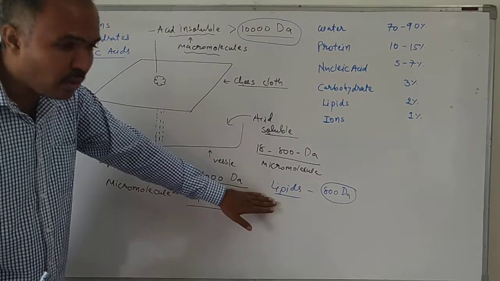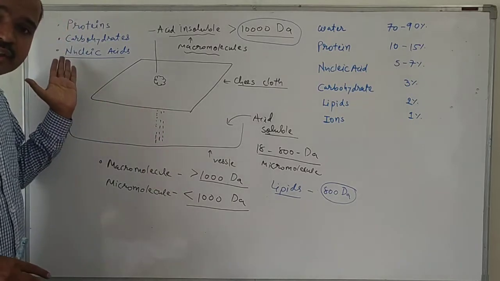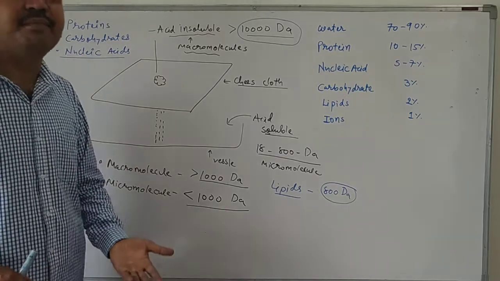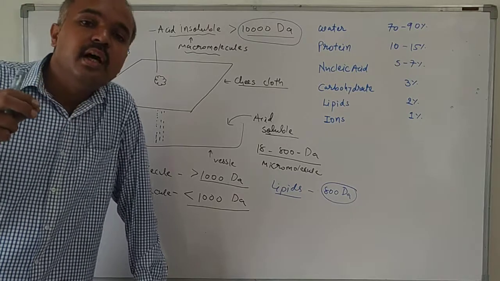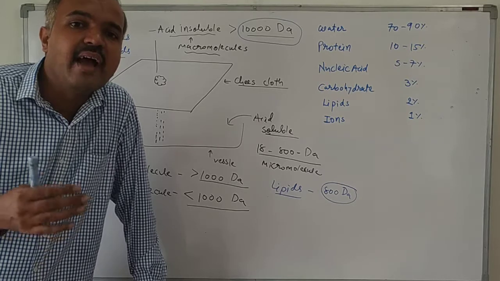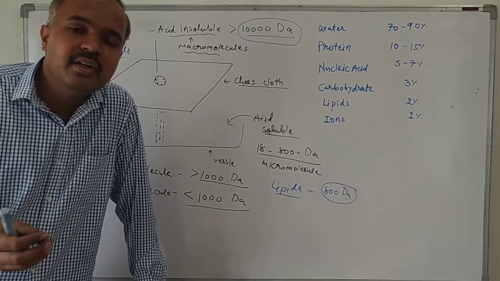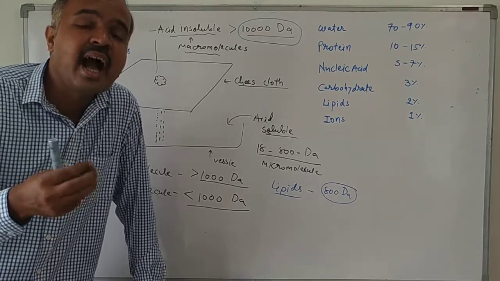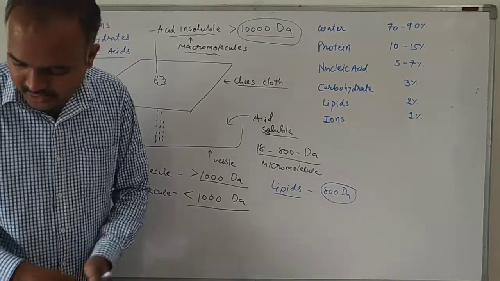Their molecular weight is low, so they should be present with substances having low molecular weight. We have to give an answer to this question: why did they not get filtered and accumulated in the vessel? So we will give the answer to that question.